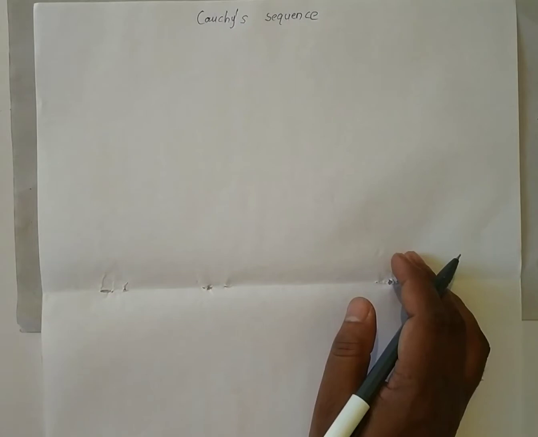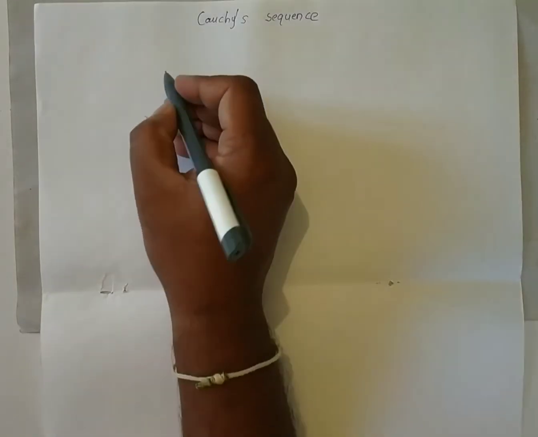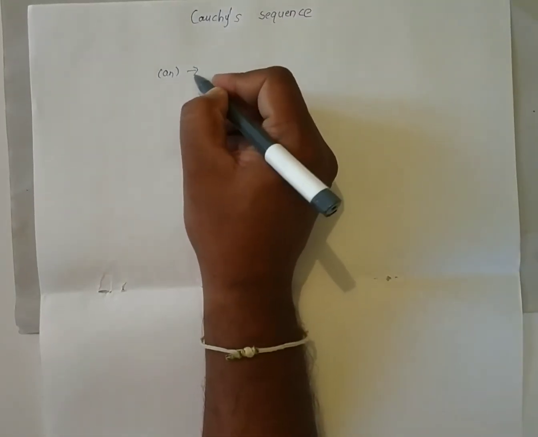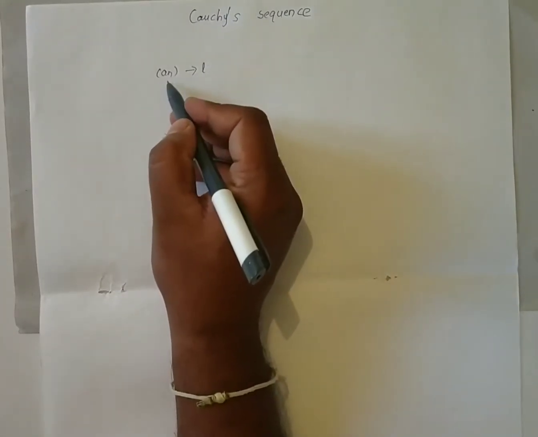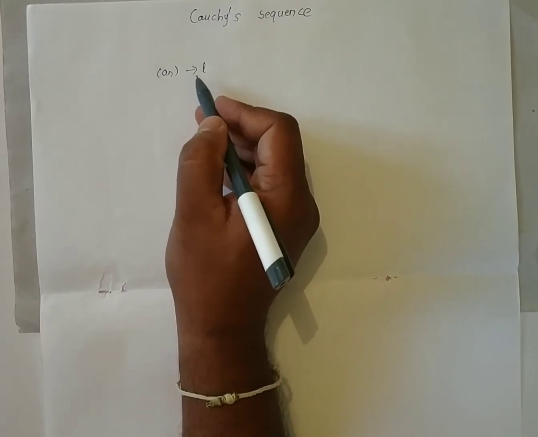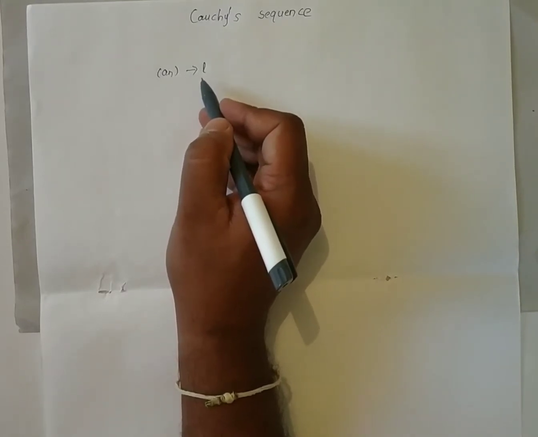So first let us see what is the definition of convergent sequence. A sequence a_n is convergent to L. So this is the symbol for a sequence a_n convergent to L. Remember it.